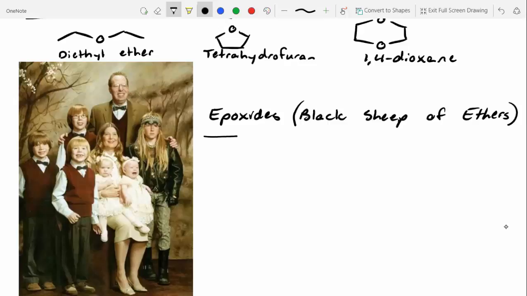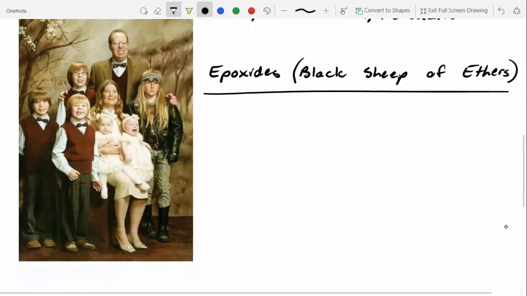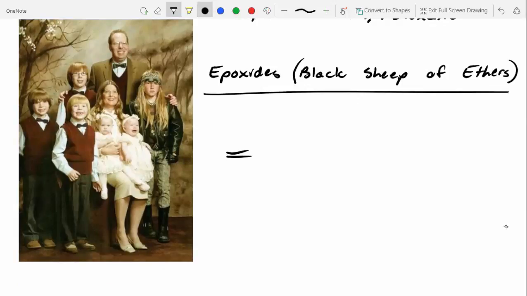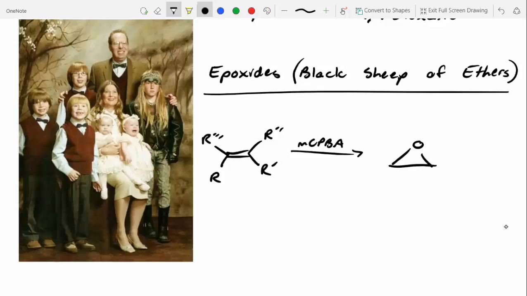And epoxides, we've already seen these before. To form an epoxide, we need an alkene. And I'm going to label this with R groups: R prime, R double prime, and R triple prime. And we said if we react this with MCPBA, we'll always get this three-membered ring called an epoxide.